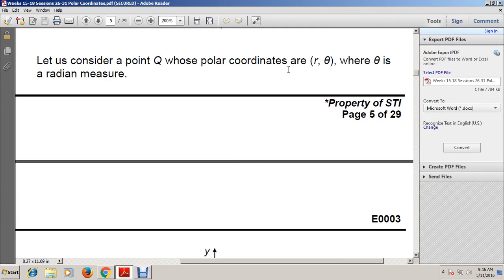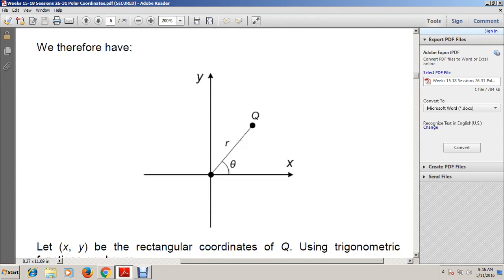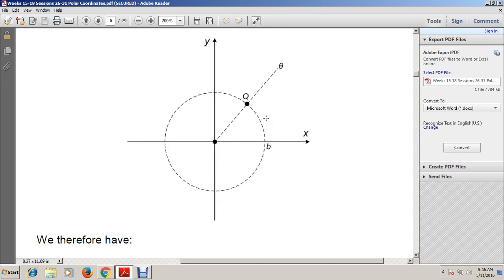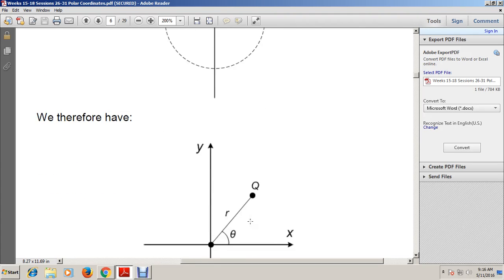Let's consider point Q, where the polar coordinates of Q are represented by r, theta, where theta is our radian measure. We therefore have the transmutation from the polar coordinate system to the rectangular coordinate system for point Q as follows.